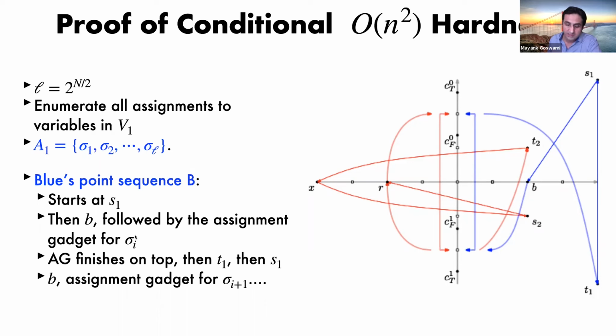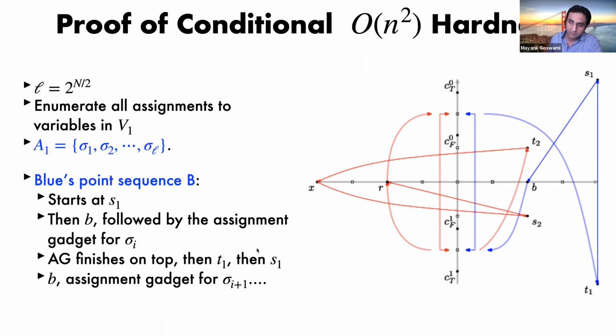So let's say blue started its assignment gadget for sigma i. The assignment gadget is, again, it'll go to one of these two bottom points, and then it'll jump back and forth, up and down for m times, and it'll finish somewhere on top. And once it finishes, it goes back to T1, then goes to S1, then comes back to B, and then it starts the assignment gadget for the next assignment.